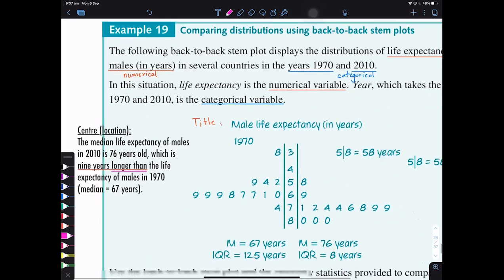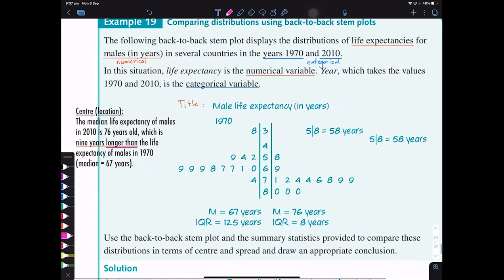Okay. So we've tackled the idea of center. Can we talk about the spread? What idea would we look at for spread? Type it in the chat.